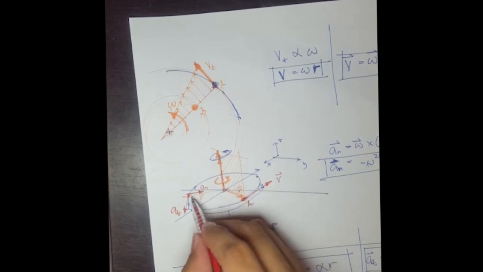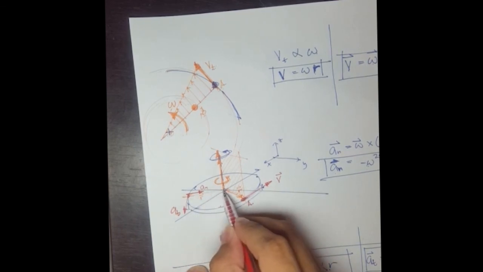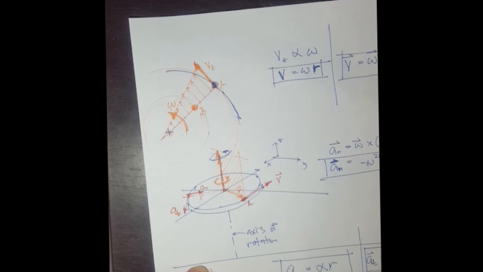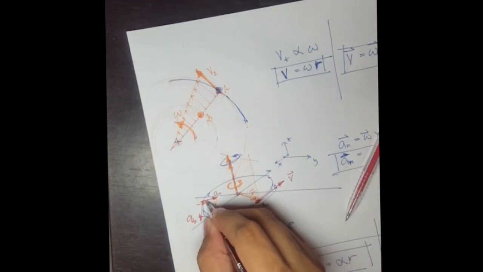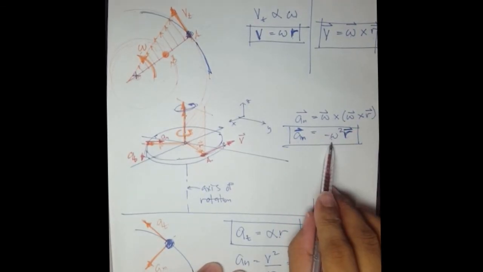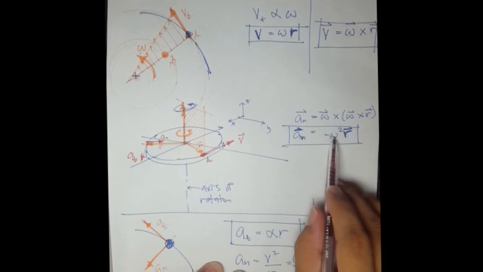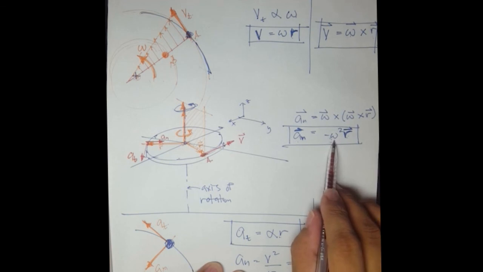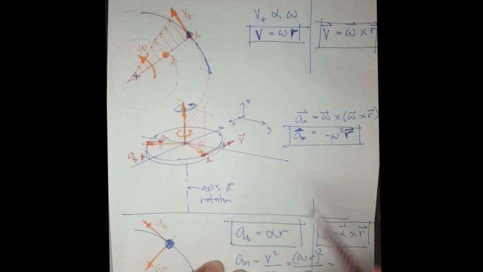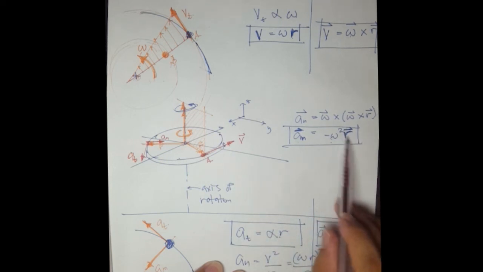If you can see this one, the direction of the normal component of the acceleration is just opposite to the position vector here. That's why the equation is negative. The direction is opposite, and then the magnitude: think of this as just a scalar times a vector, so it just changes the magnitude of this vector here.